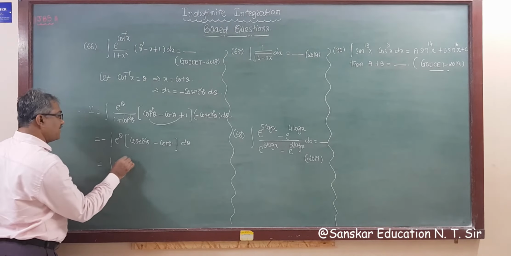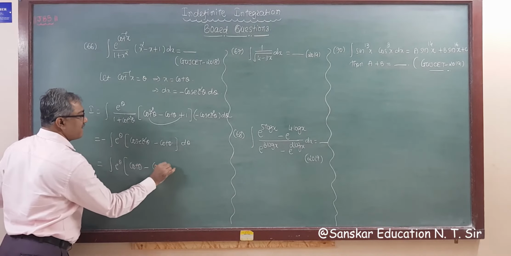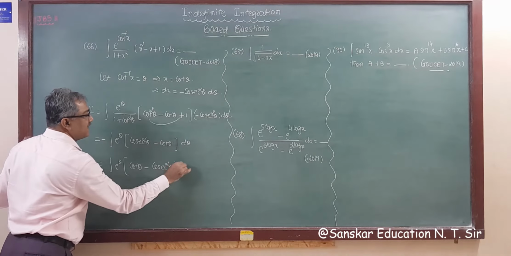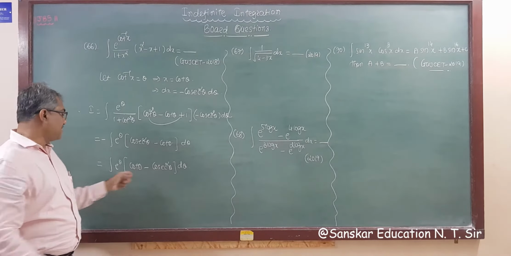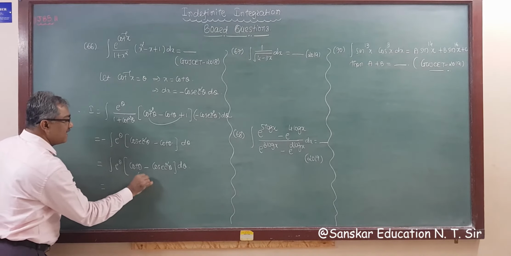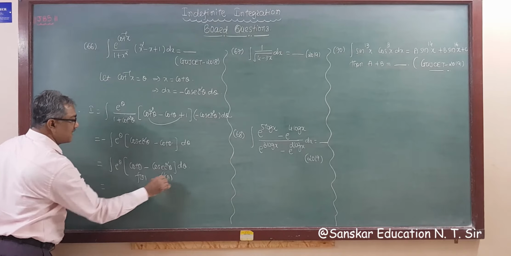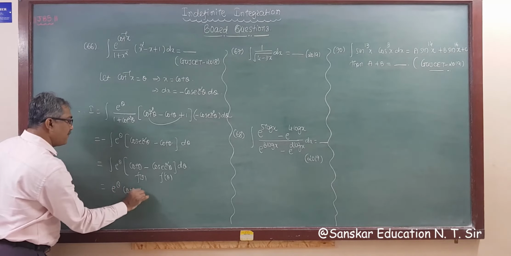Integration e raised to theta into cot theta minus cosec square theta d theta. This is of the form e raised to x into f x plus f dash x. So the answer will be e raised to theta, this is your f theta, then this is f dash theta, so e raised to theta cot theta plus c.